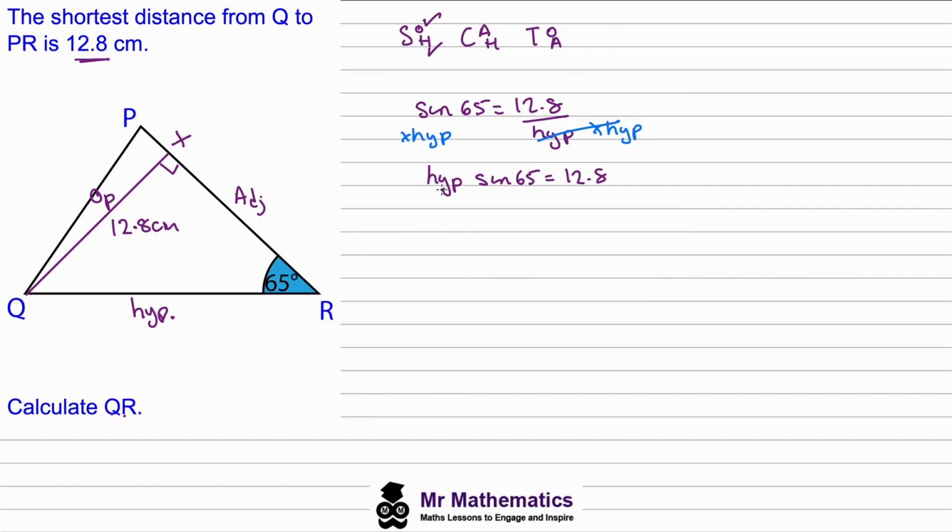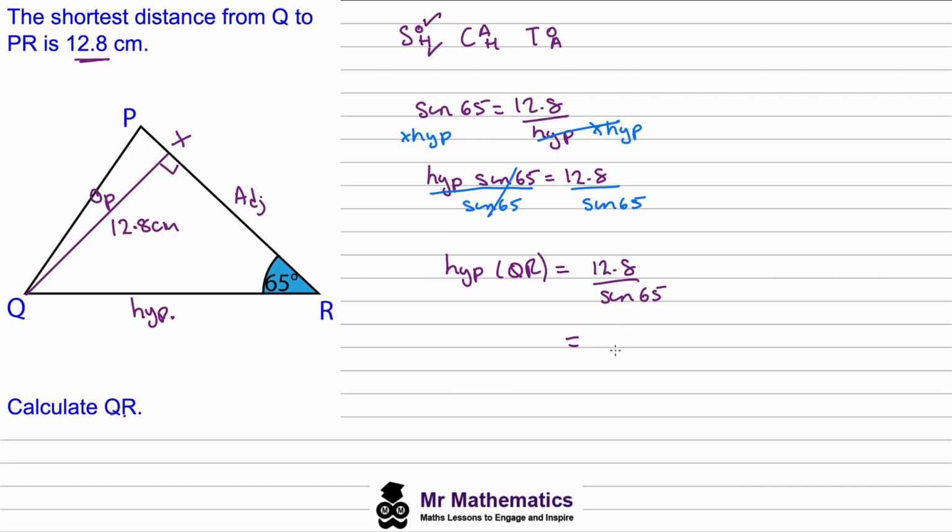And because we want the hypotenuse, we'll divide both sides by the sine of 65, and these will cancel. So the hypotenuse, or Q to R, will be equal to 12.8 over the sine of 65.